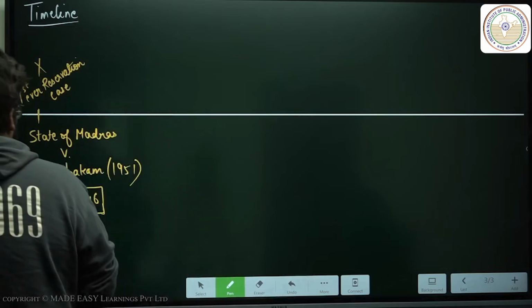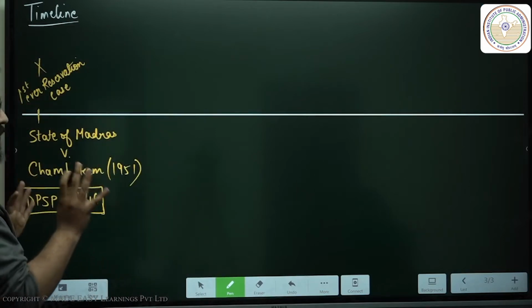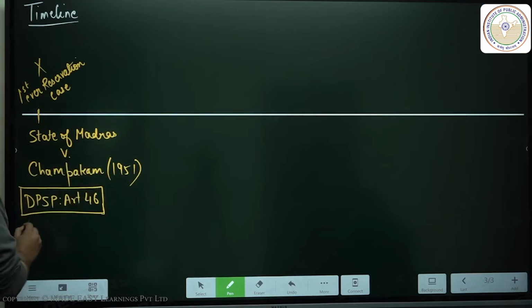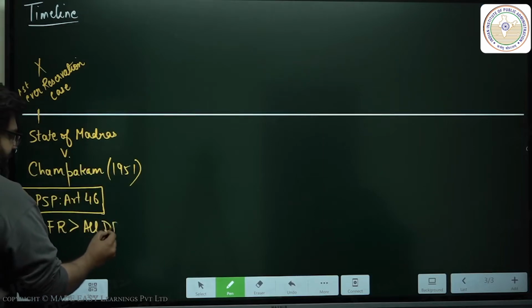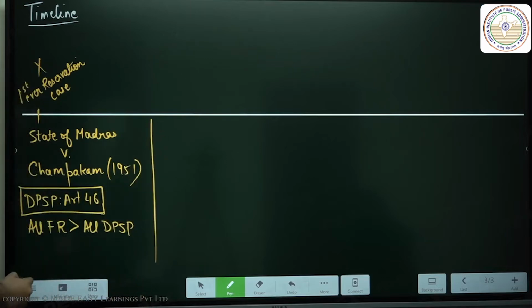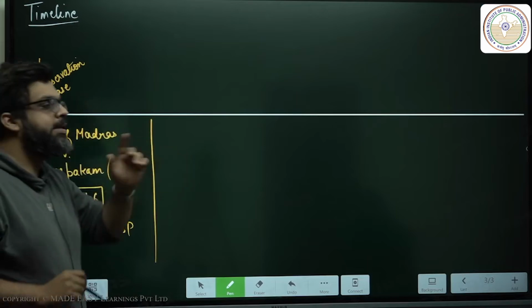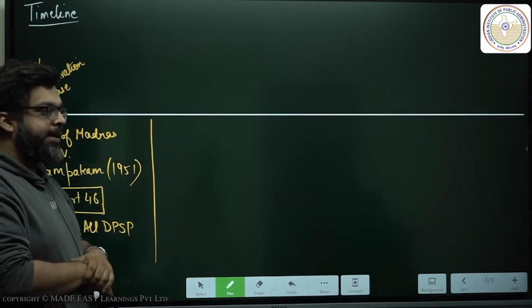Here the Supreme Court very categorically, as clearly as it could, said all fundamental rights are superior to all directive principles, and you must not, under any circumstances, implement a directive principle that violates a fundamental right.